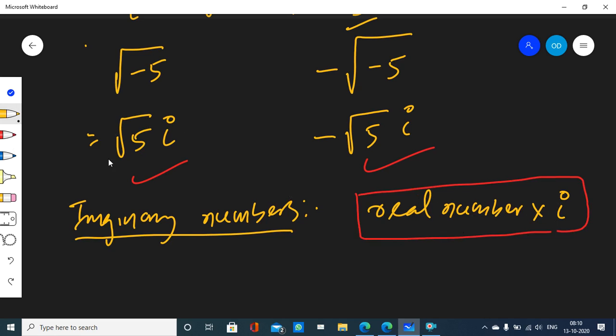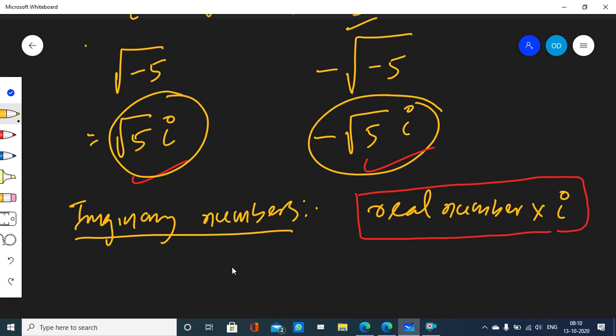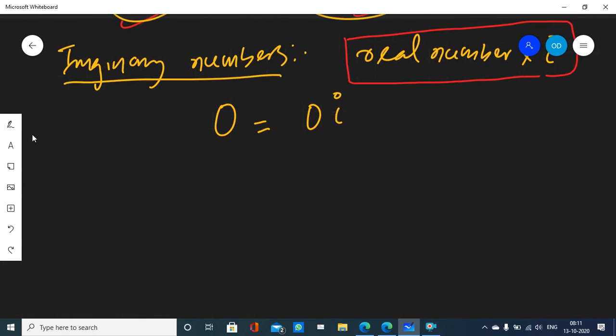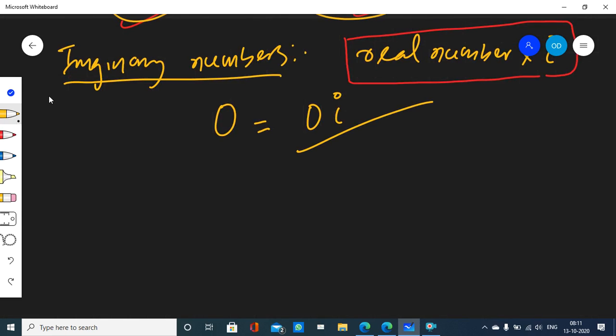So root 5 i, here root 5 is a real number into i, so it is an imaginary number. Here minus root 5 is a real number into i, so this is also an imaginary number. 0 is also an imaginary number, because 0 can be written as 0 into i. In fact, 0 is both a purely real number and an imaginary number. We have already discussed this, right?